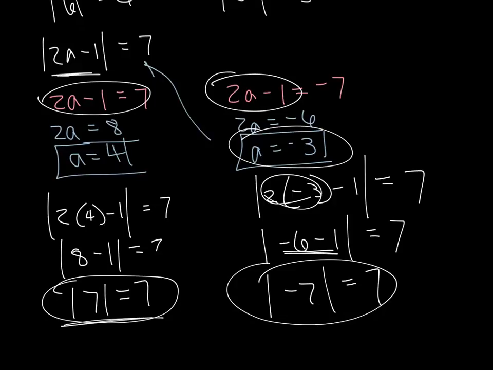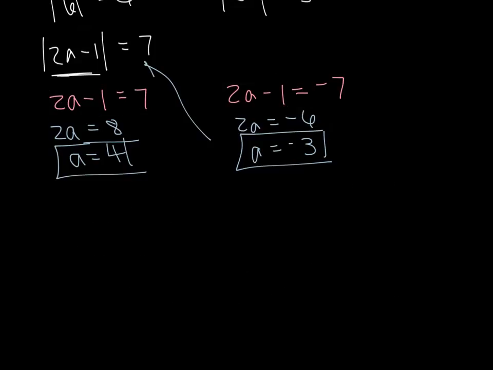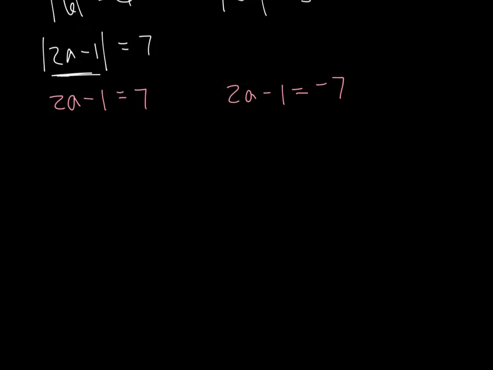Alright? So let's keep going with the practice and see if we can clear up any questions that may come up. In example 3. Absolute value of 2/3 x minus 3 plus 5 equals 12. Okay, the only way you can solve these is you've got to isolate the absolute value before you do anything.